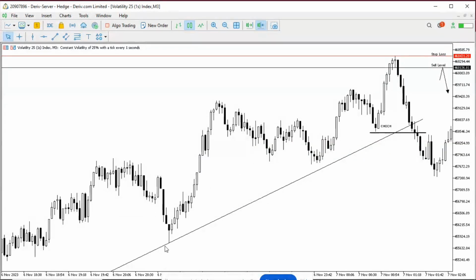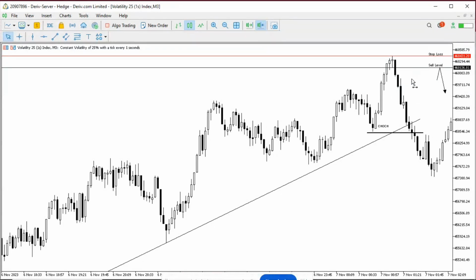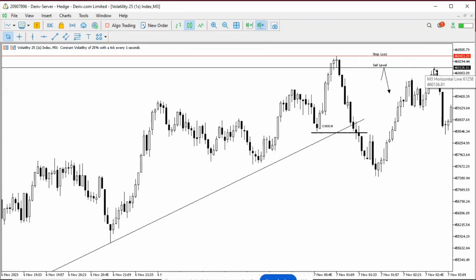You see, I didn't use this trend line to enter when the market breaks it. I used it to get the first signal that we are no longer buying, we are starting to sell. And then I have to wait for the market to do what? To come back, collect all this liquidity up until my order block, and then snap entry.